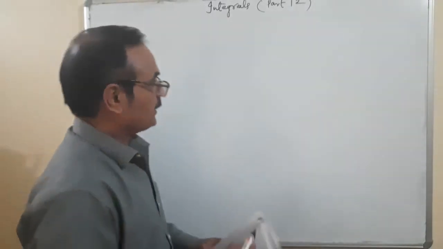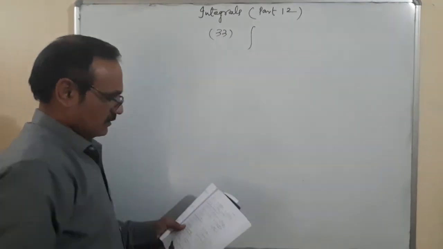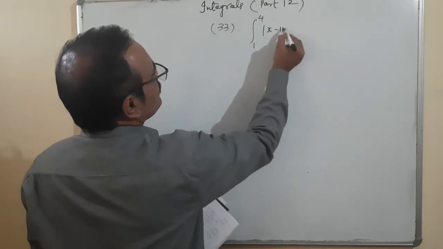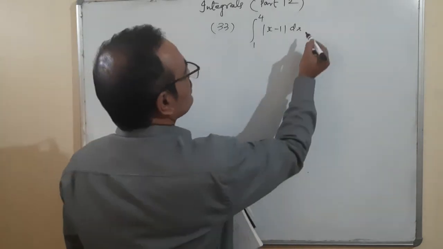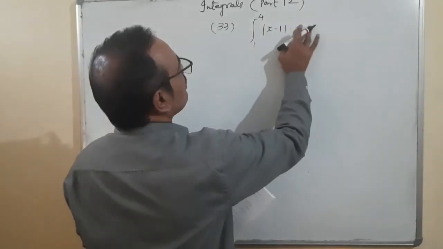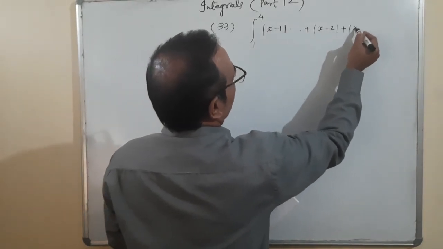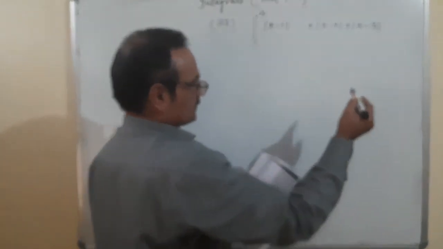Question number 33. Limit 1 to 4 mod x minus 1 dx plus mod x minus 2 plus mod x minus 3 dx.